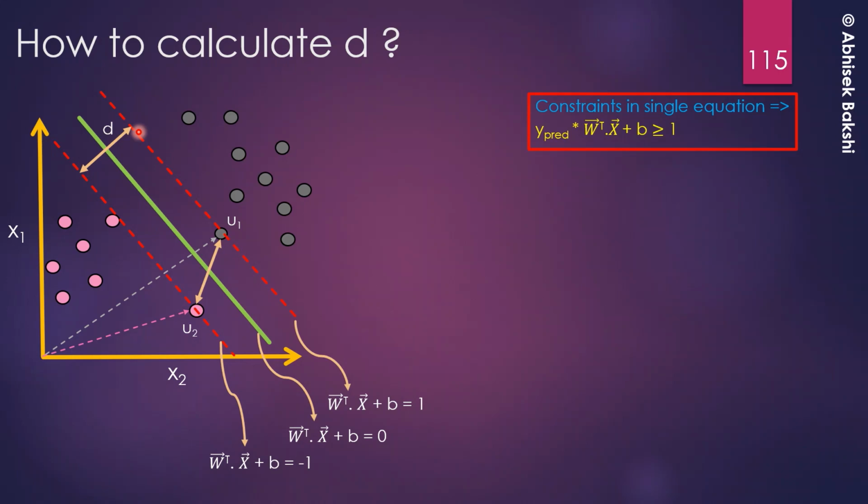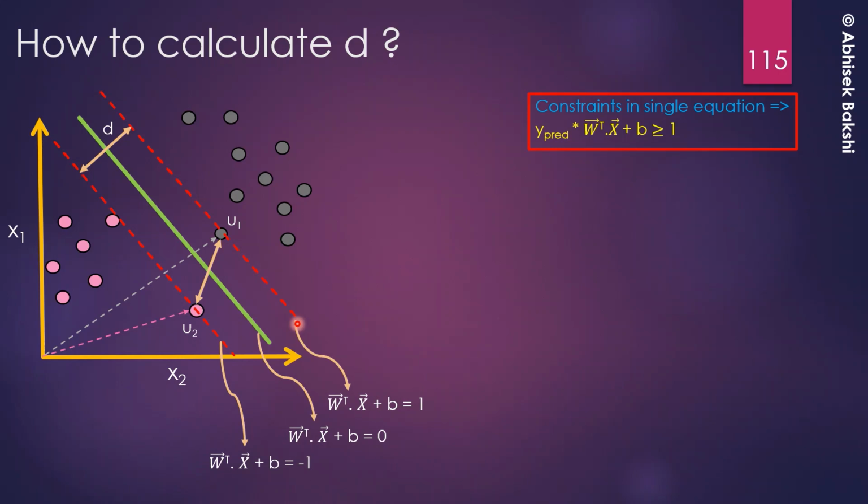I hope now it is clear, right? I am repeating it again for your convenience: I am trying to find out the distance between U1 and U2, but you cannot do directly U1 minus U2 because the direction of U1 and the direction of U2 is not perpendicular to these red straight lines. There is no guarantee. So what we can do? We can project the vectors U1 and U2 on the vector which is perpendicular to these red straight lines.